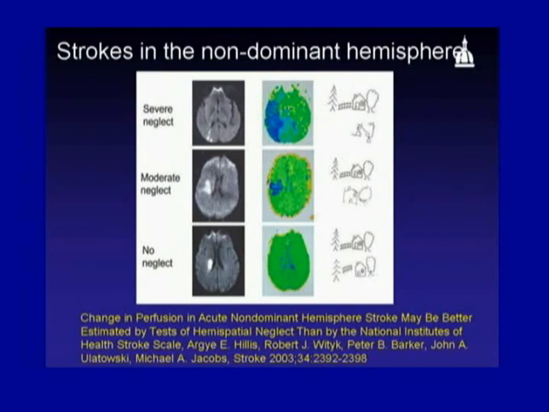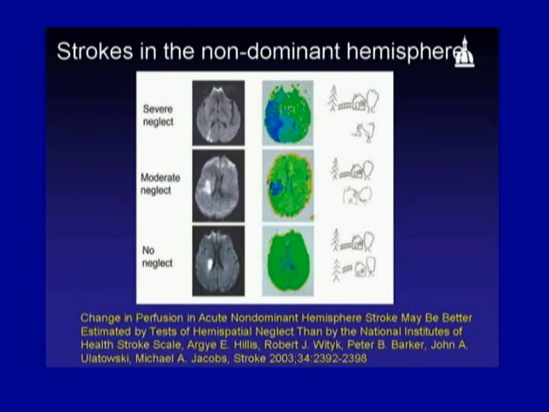And you can see, for instance, this patient down here, fairly small stroke on diffusion image, normal perfusion, and they're able to make a perfect copy of this figure. This patient, similar size infarct to the previous one, some perfusion deficit, can partially reproduce the picture.